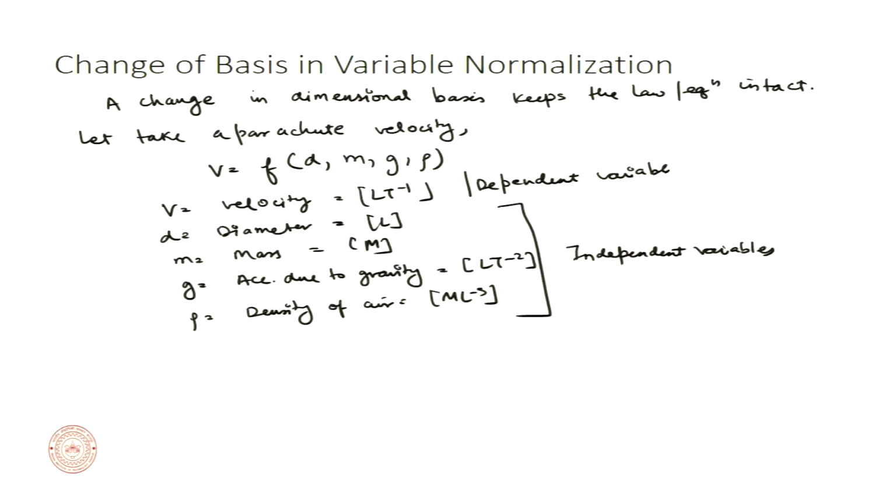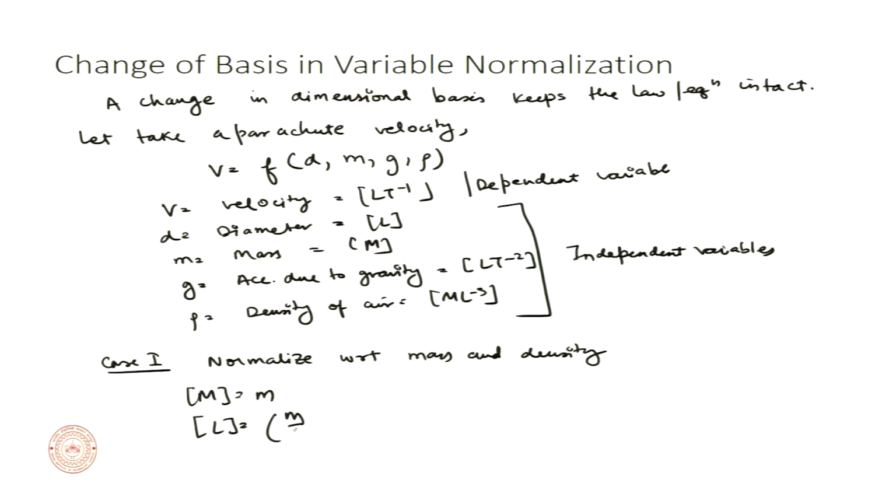Okay, so let us take case 1. Case 1, we are normalizing with respect to mass and density. Okay, so what we do is we have m equals m, length becomes m by rho to the power of 1 by 3, time unit becomes v by g.